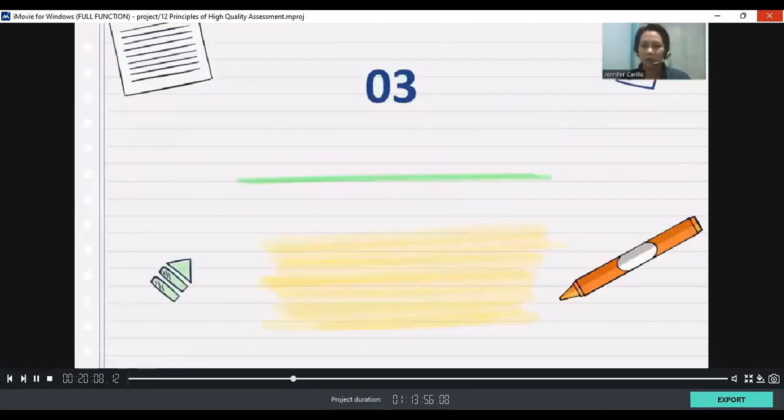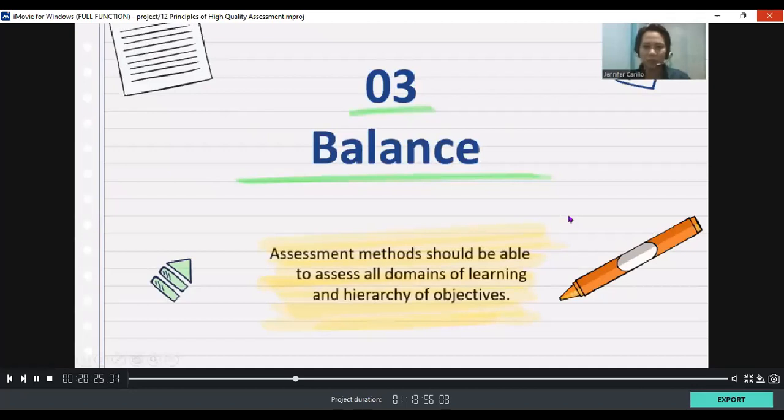So the third principle of high-quality assessment, aside sa number 1, clarity of focus, second, appropriateness of assessment method, third is, we call this as balance. So assessment methods should be able to assess all domains of learning and hierarchy of objectives.